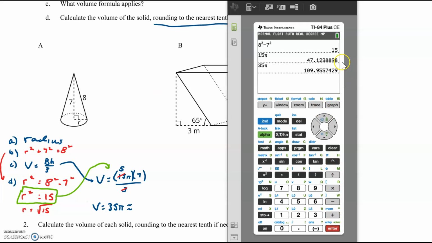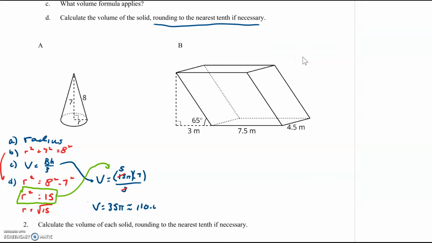And I get 109.95. If I round to the nearest tenth, that 0.9 is going to go to a 0.10, which means this will round to 110.0 cubic units. So there's the volume of that first figure.